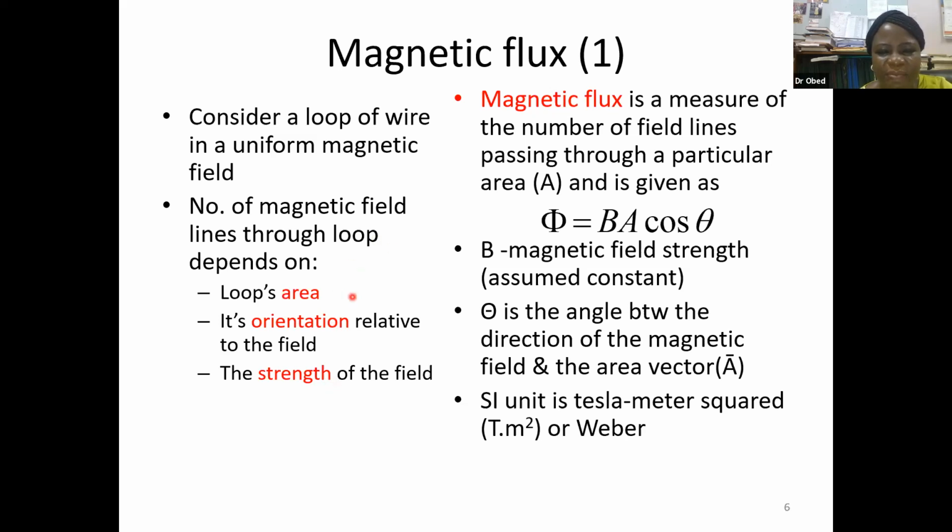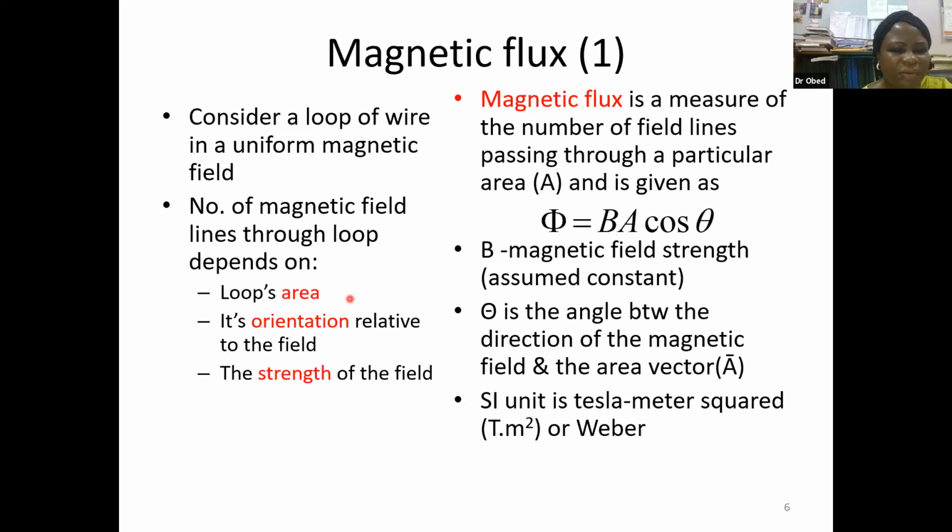We don't have any problem with the loop area because we all know what area means. The orientation we are going to deal with a little bit, and the strength of the field.